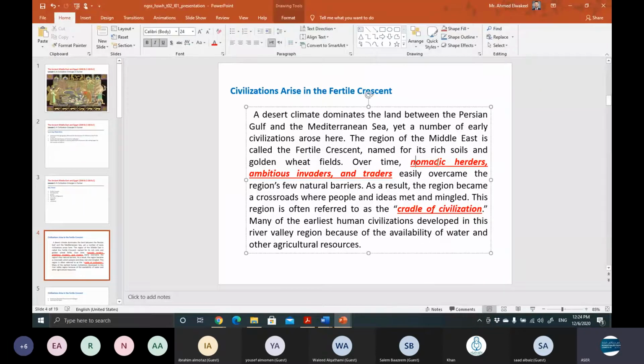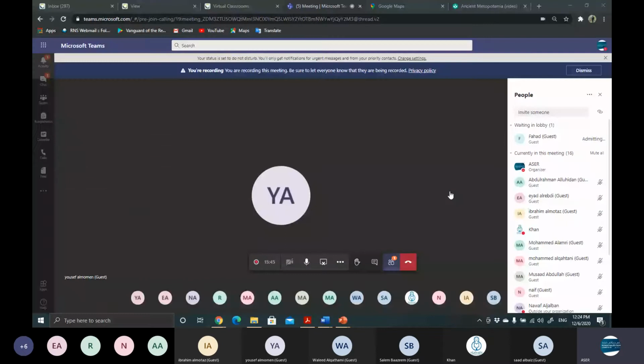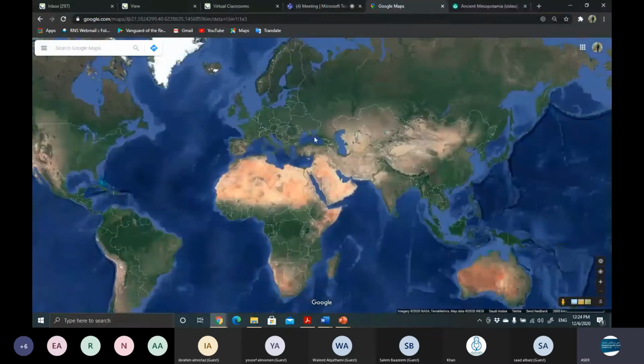Here we have nomadic herders, people who hunted animals. We have some invaders, we have some traders, people coming and going into Mesopotamia and the Fertile Crescent. This place is between Europe, Africa, and Asia. So people were coming from everywhere to this place.